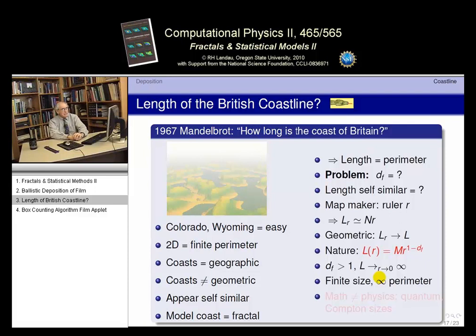Does that make sense? Yes. Okay. So if it's a fractal object and you keep looking at it at smaller and smaller scale, but it's self-similar, each smaller scale looks like the bigger, it has an infinite number of details, infinitesimally small, it never ends. So the answer to the mathematical problem would be, if the coastline of England is fractal in nature, which is a good model, then it's infinite in length.